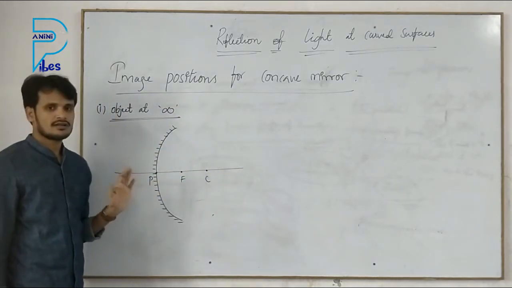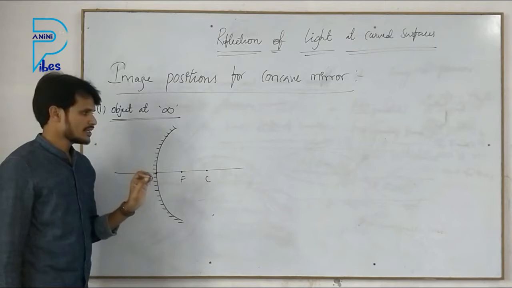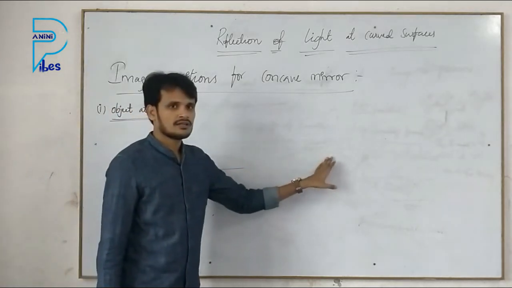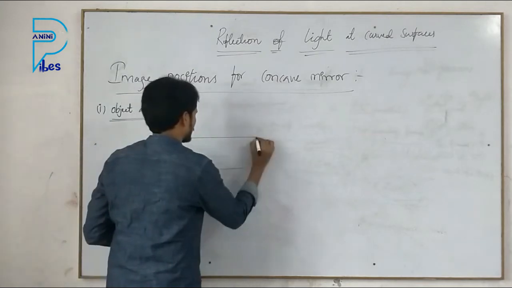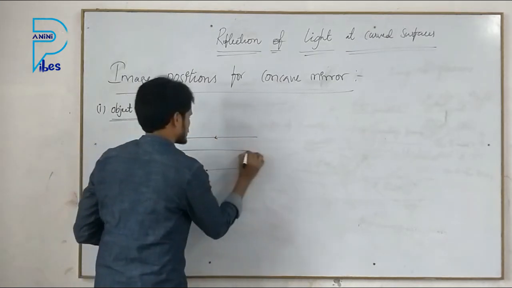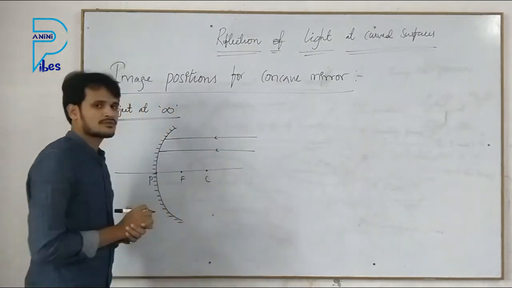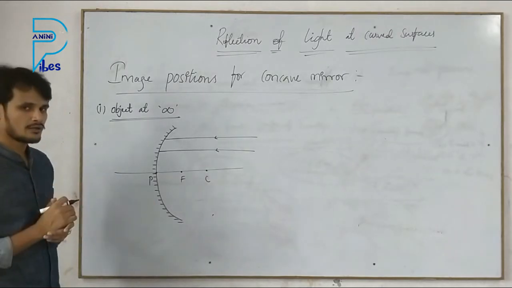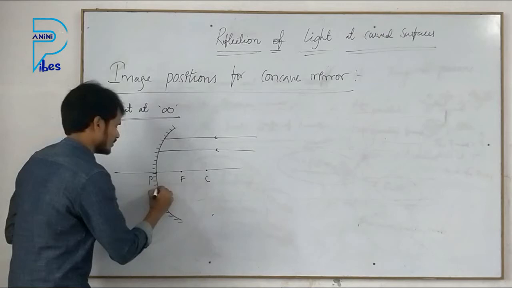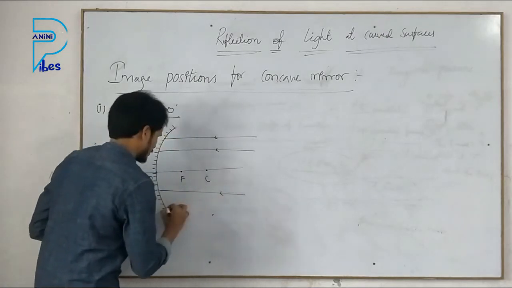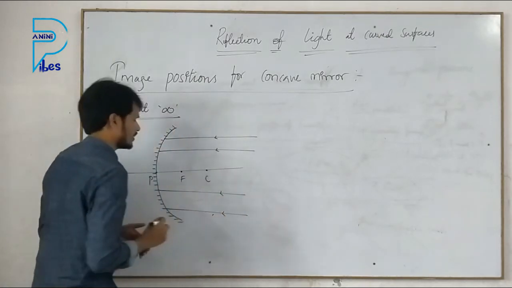Object distance is not mentioned. So maybe the object is placed somewhere far away, and all the rays coming from that object are parallel to the principal axis. Take the example of the sun. The rays coming from the sun are all parallel to each other. So these parallel rays strike the mirror, all parallel to the principal axis and to each other.